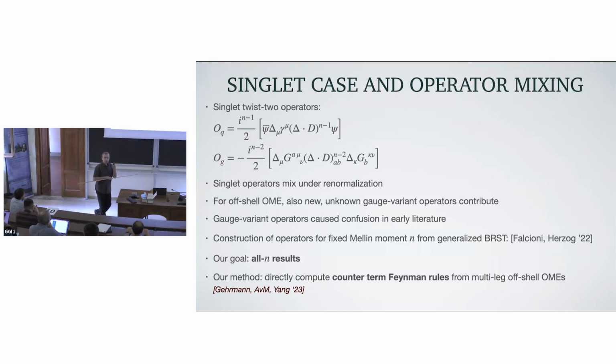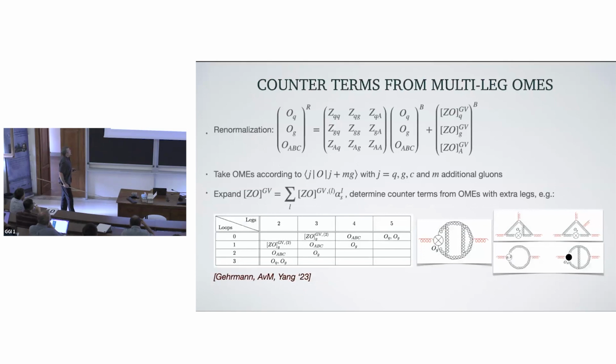Instead, we just compute the counterterms which we need to cancel the UV divergences of interest. And we find that this has certain advantages in our setup because it's relatively easy to go to all-n results, which is the main goal of our calculation. And if you go to very large n, then these contributions become sizable. And well, this is one solution which works for us.